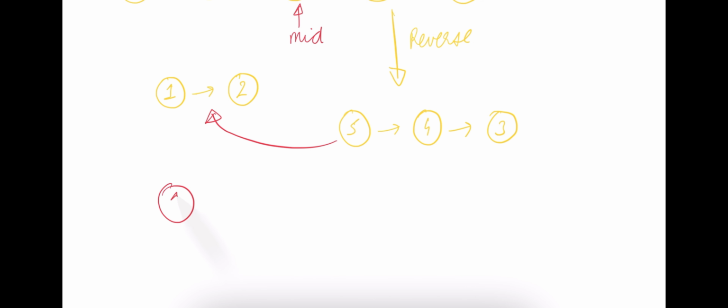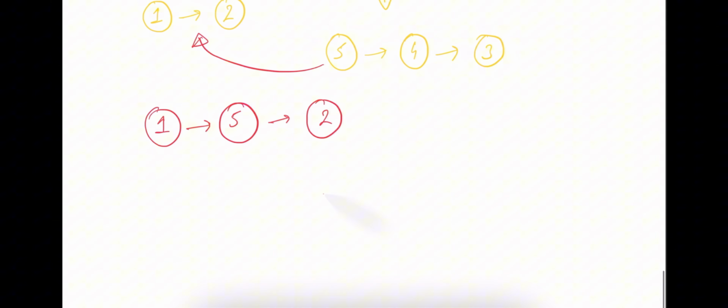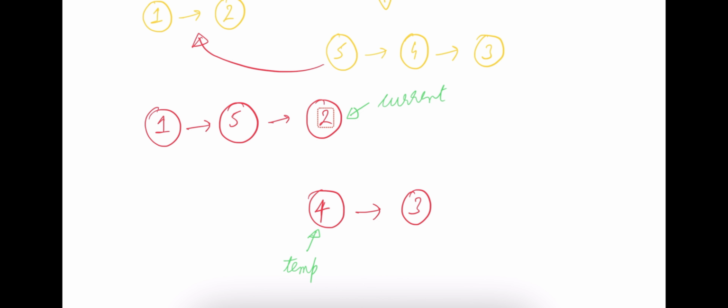So here we are going to have node 1, node 5, and node 2, and next we are going to have 4 and 3. Here my node 2 will become current, and node 4 is going to become temp.